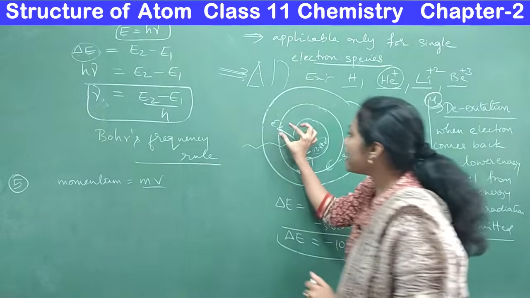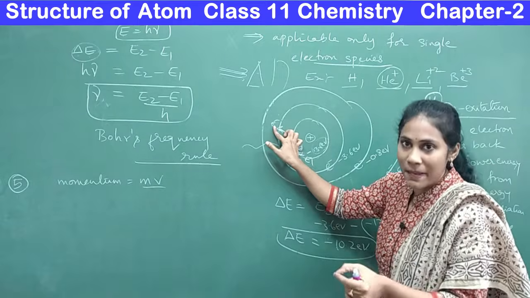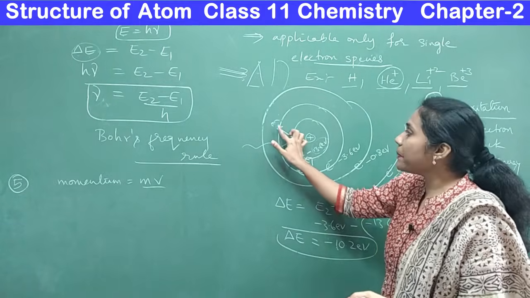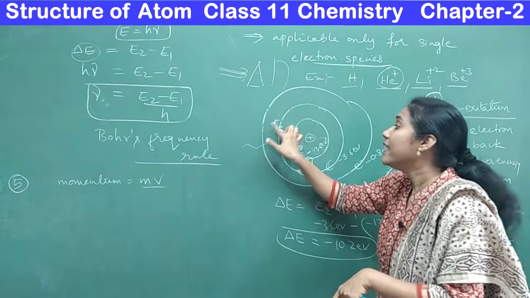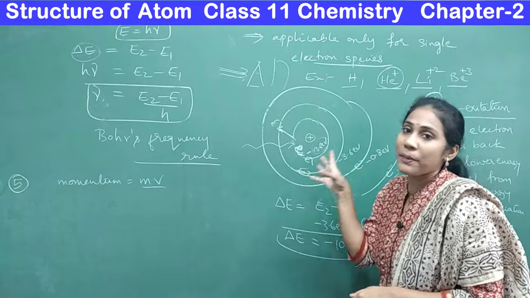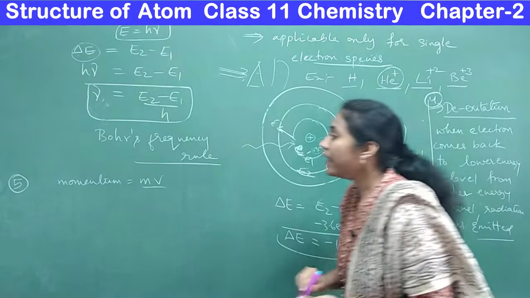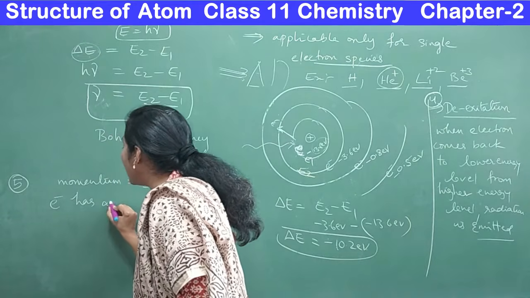We can't just talk about momentum in the case of an electron. The electron has a mass and is moving with certain speed, so it has momentum, but it is angular momentum. About angular momentum you will study in physics.